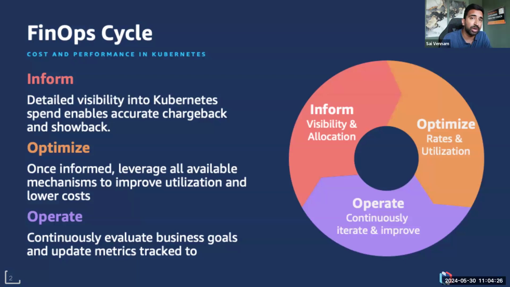But the key word with FinOps is really that operations aspect. What are you doing with that data itself? And that's when we come to things like the optimize and operate phases of this life cycle. And really where the solutions that Chip and Boris are going to talk about today with Kubecost and Kyverno come in, is how do we take that data and then create meaningful impact changes with it.